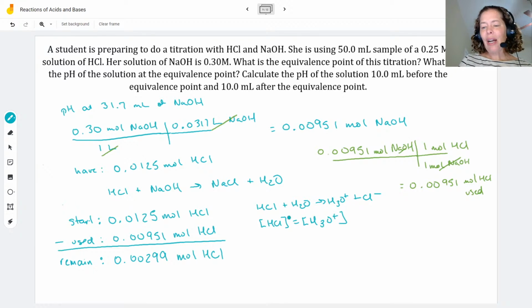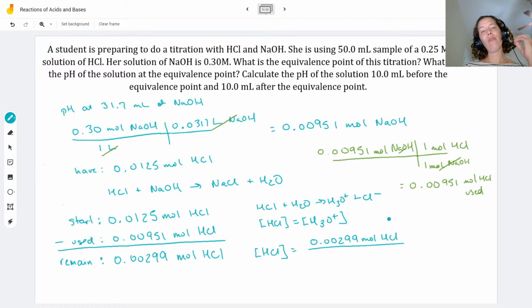So I need to get my concentration of hydrochloric acid. Okay, I'm close. I've got my moles, but I need to divide that by my liters of solution. But this is where things can get a little bit tricky. So my concentration of hydrochloric acid: I have my moles right here. I just calculated that, 0.00299 moles of HCl. Now I've got to divide by liters of solution.